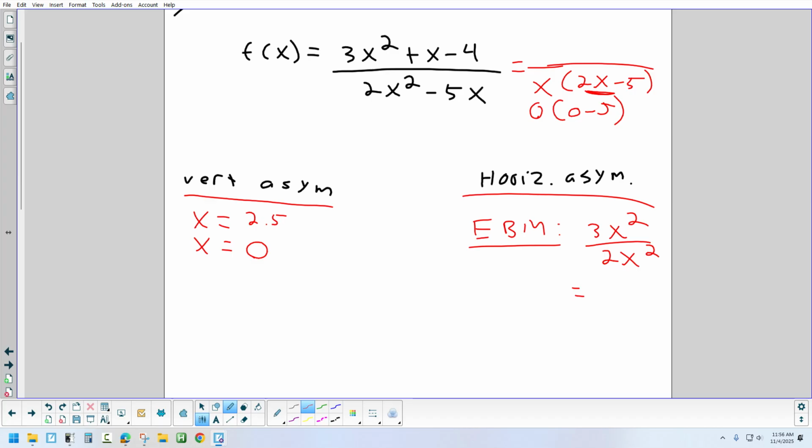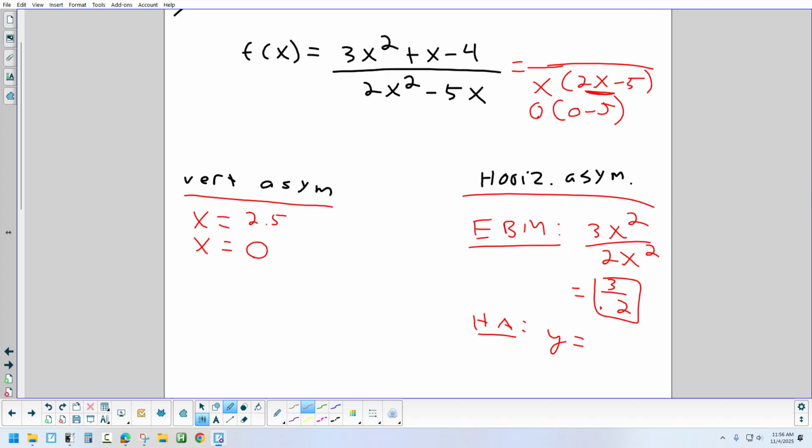What's your EBM? 3 over 2. And now the horizontal asymptote. Let x approach infinity in the EBM and tell me what happens to it. Nothing. So your horizontal asymptote would be 3 over 2. And how would you write the whole thing? Y equals 3 over 2.